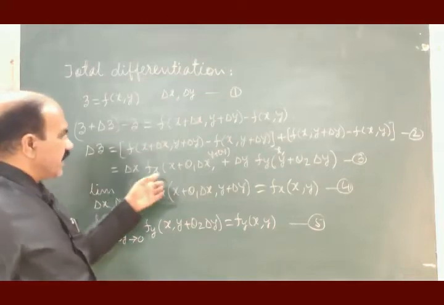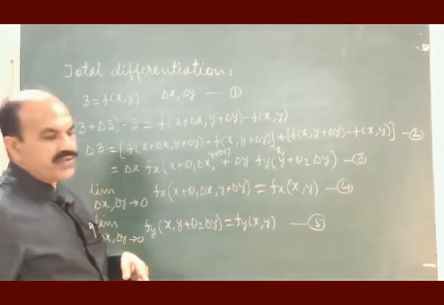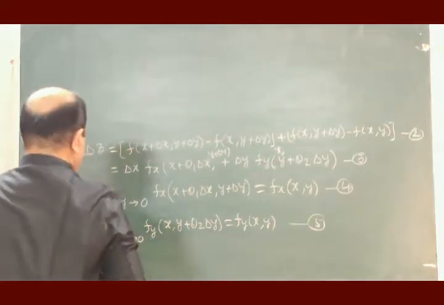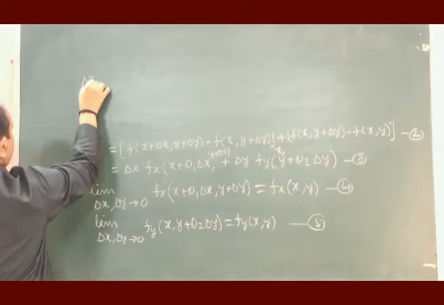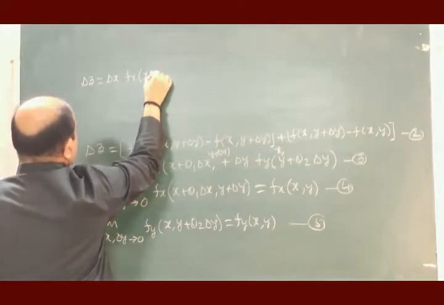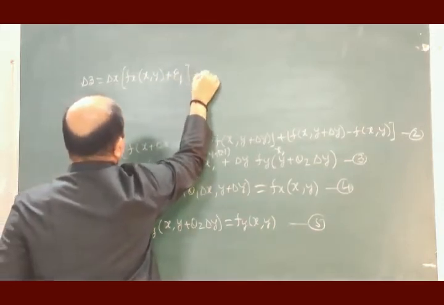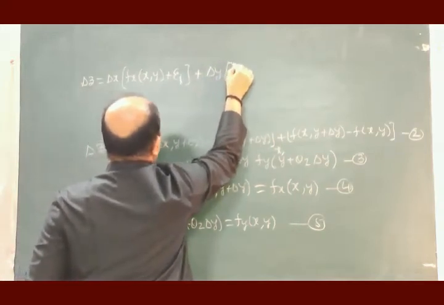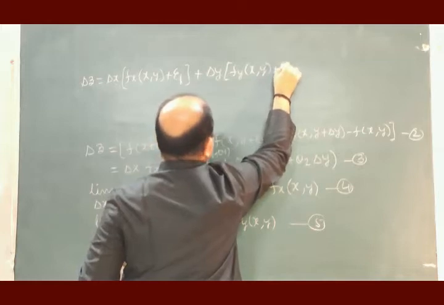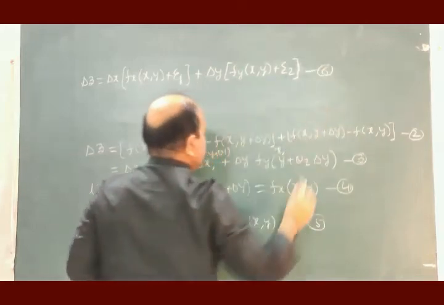And therefore, with the help of equations 3, 4 and 5 can be written as delta z is equal to delta x fx of x comma y plus sigma 1 plus delta y fy of x y plus sigma 2, equation number 6.